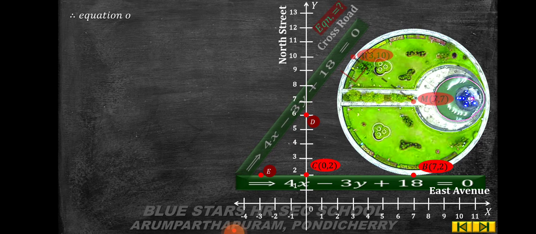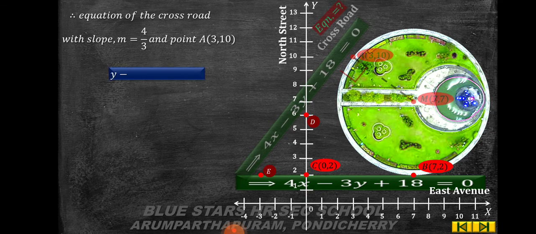Therefore, the equation of the crossroad is 4x minus 3y plus 18 is equal to 0. The equation of the crossroad with slope m equal to 4 by 3 and point A (3, 10).